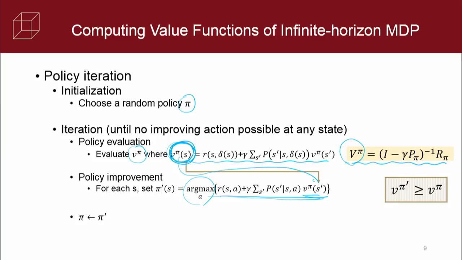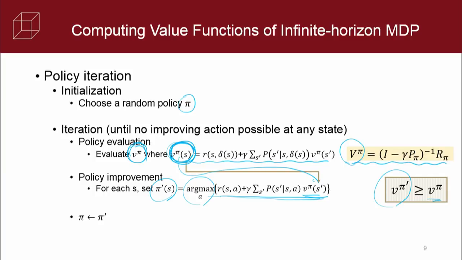So in the policy improvement step, with the values of pi, it selects the policy pi star that is at least as good as the current policy pi. If you keep doing this, we can show that the value of pi star is greater than or equal to the value of pi.